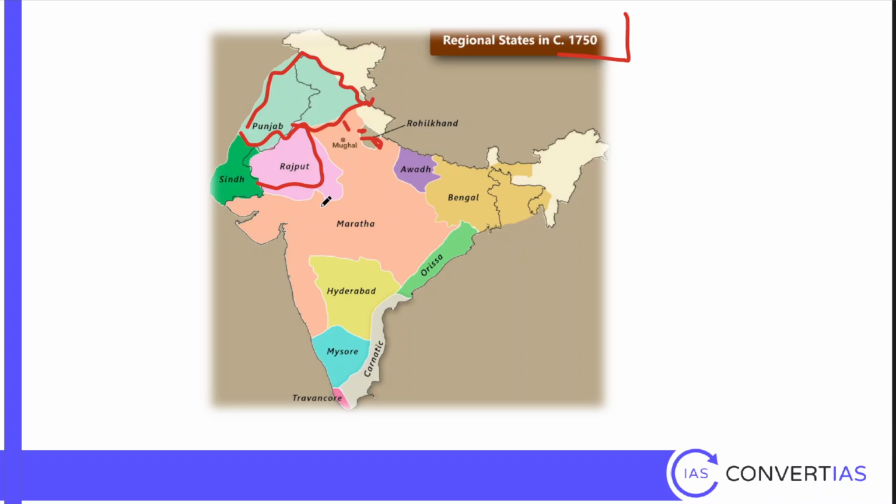I'll explain that once I come to that particular area. But just understand that this is the strong area of Jats. So right under the nose of the Mughals, you have two prominent rebel states, Sikhs and Jats, coming up. Bengal, Awadh and Hyderabad are successor states. Mysore is an independent state, Rajput is an independent state, Maratha is again a rebel state. So this is the scenario in the 1750s.